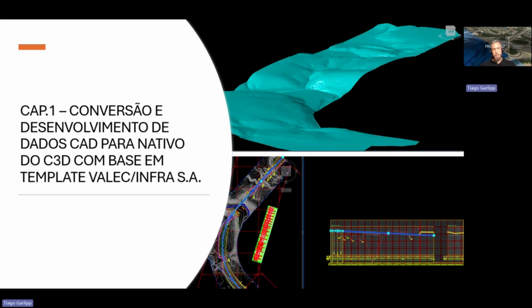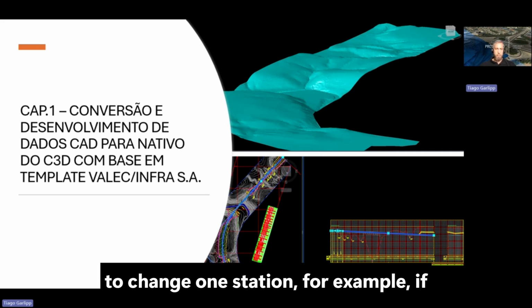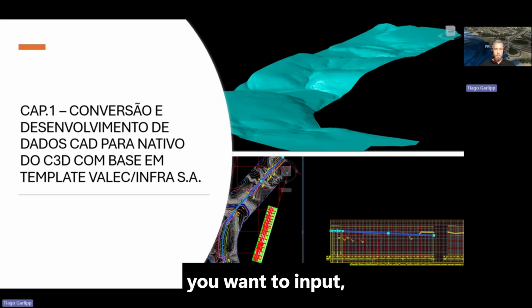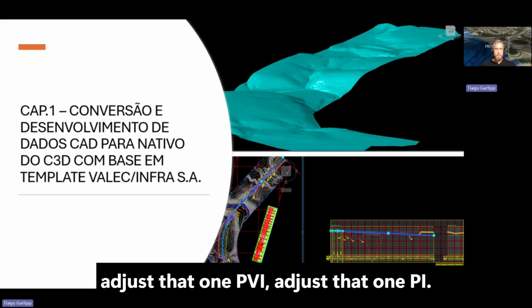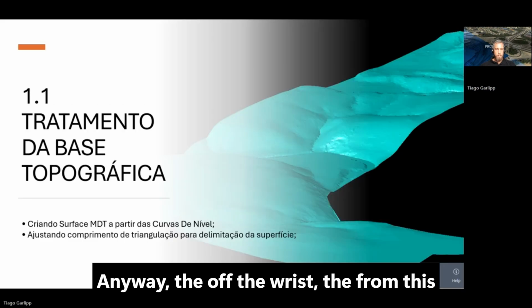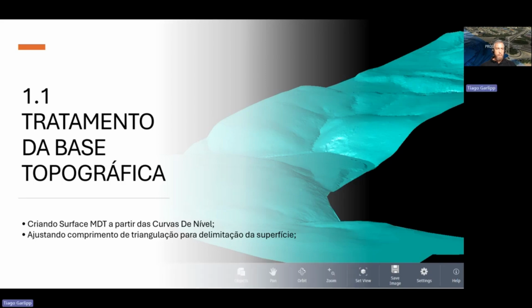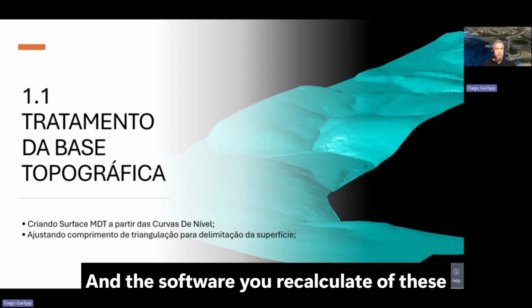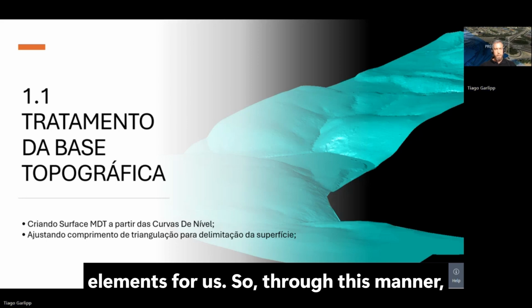If you want to change one station, for example, to calculate a new station, to adjust one PVI, adjust one PI, anyway, all the related data will be affected, and the software will recalculate all of these elements for us.